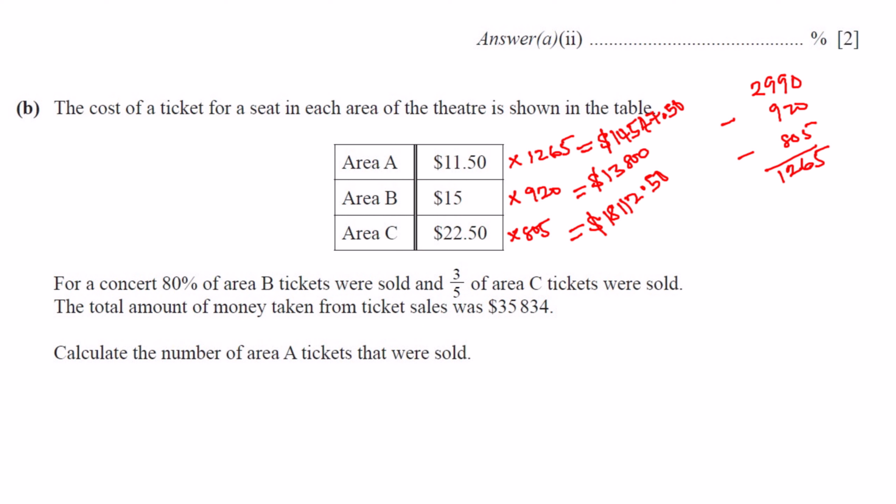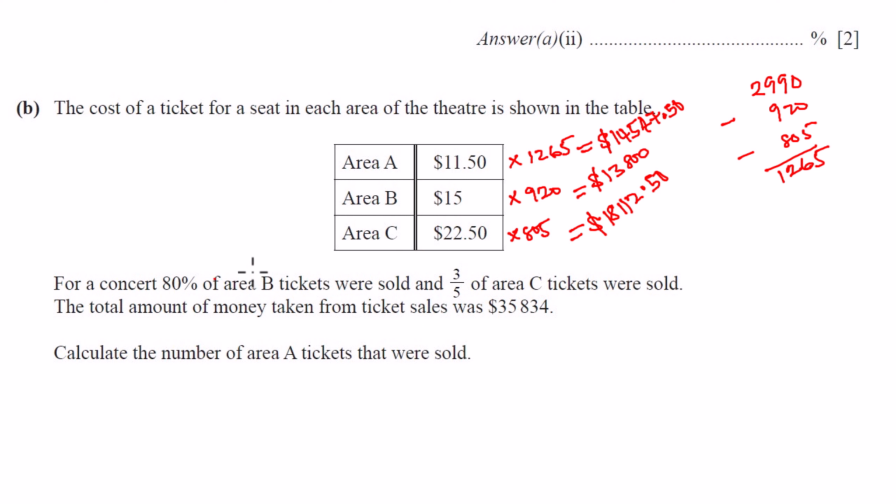Now for a concert, 80% of area B tickets were sold. That is, from this total income, they made 80% from it. And from area C, they made 3/5 of this. So we need to add it together.